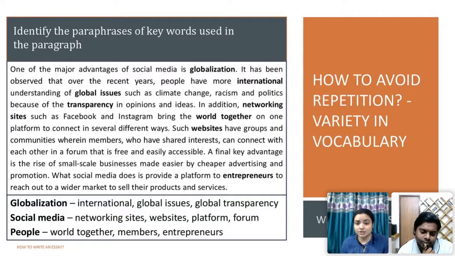So for globalization, we've used words like global issues, global transparency, international, global. We've discussed social media already. People, world together, all together, members, entrepreneurs. So you have different words that you can use to again come back to the same concept in discussion.